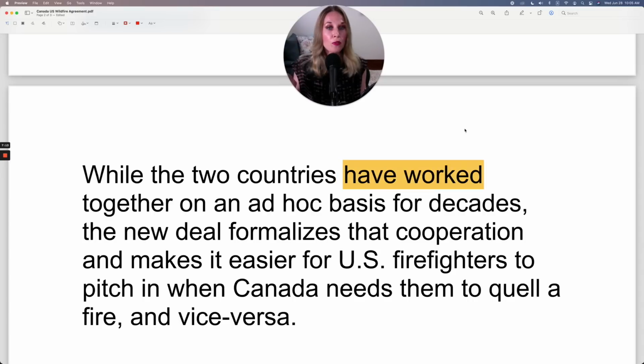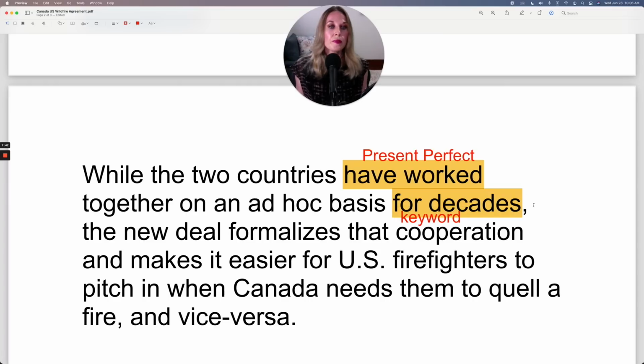The present perfect because Canada and the US started working together in the past and they still work together now. So the present perfect for an action that started in the past and continues until now. Present perfect. And we know that we need the present perfect because of our keyword for decades. So this is our keyword for the present perfect.